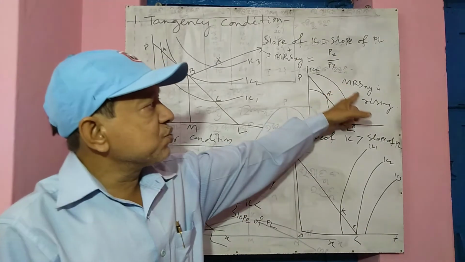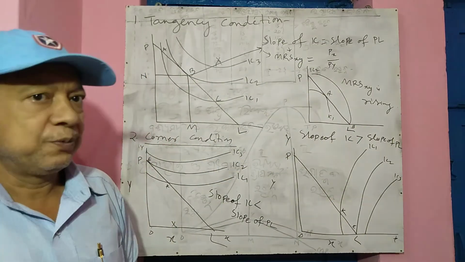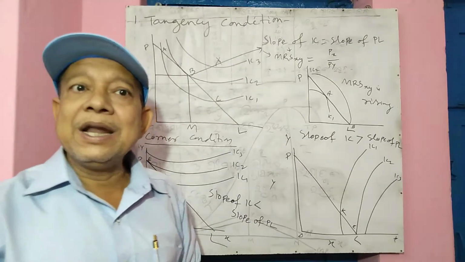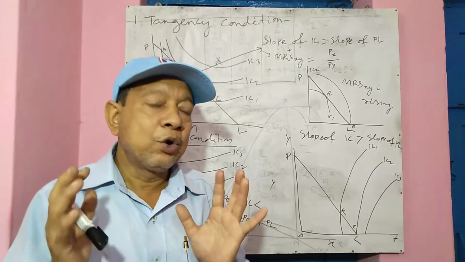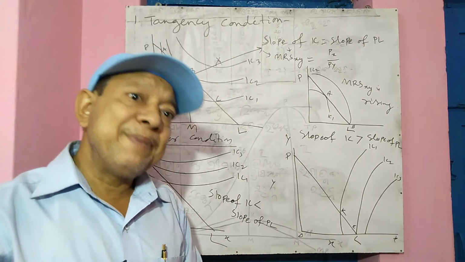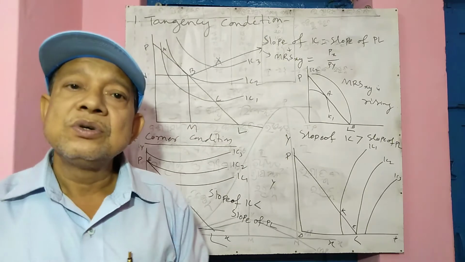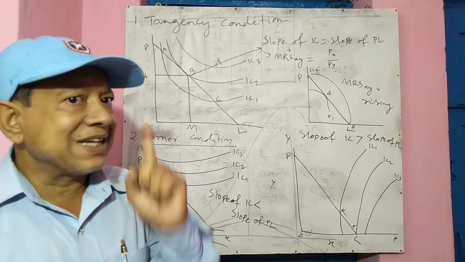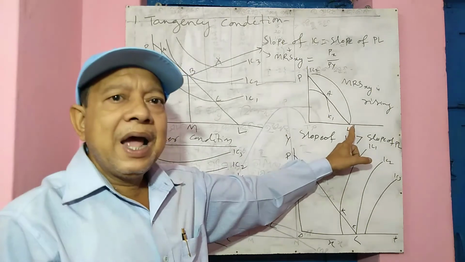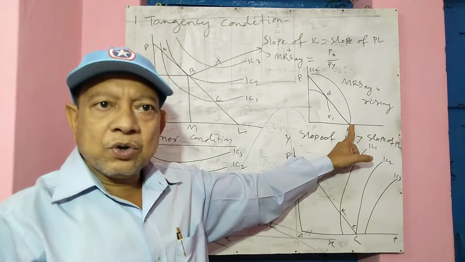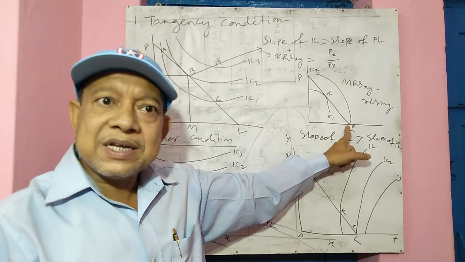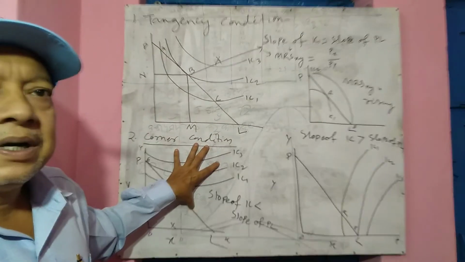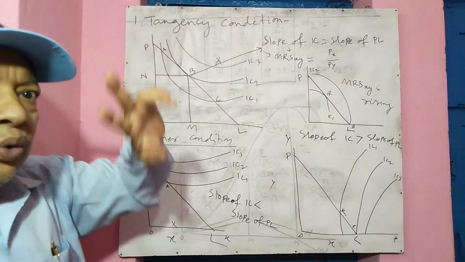Because MRS xy is rising, the consumer cannot have a stable or rational maximization of utility if he consumes a bundle of goods X and Y. Rather, he will get maximum utility if he consumes only good X or only good Y. Therefore, we have seen that there are two conditions.